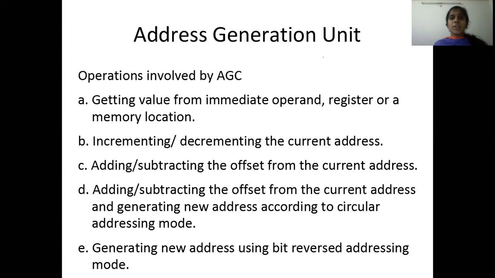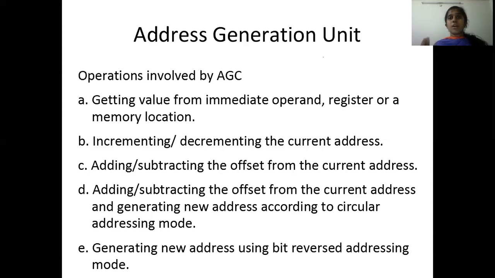That arithmetic unit is available in this address generation unit. Because of this, the addressing computation overhead in the main arithmetic logic unit, the ALU, will be removed, because the AGU, nothing but the address generation unit, itself takes the responsibility of these computations by using a special circuitry called the arithmetic unit. It takes all the computations which are required in order to reach the operand addresses.